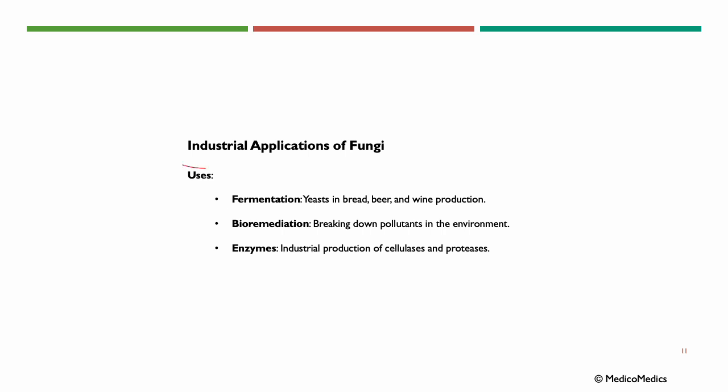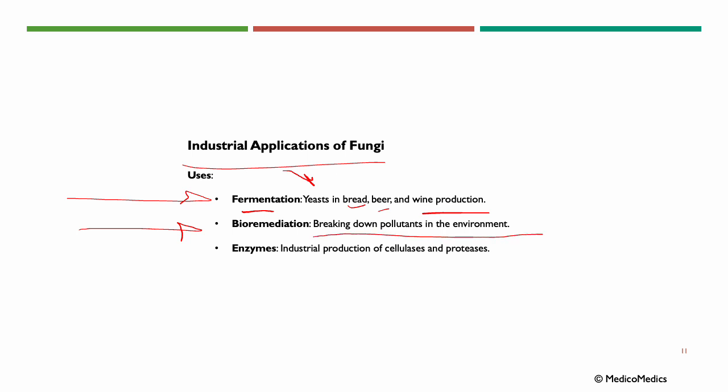Some industrial applications of fungi. So it's used in fermentation, yeasts in bread, beer, and wine production. Bioremediation, breaking down pollutants in the environment. Enzymes, so industrial production of cellulases and proteases.